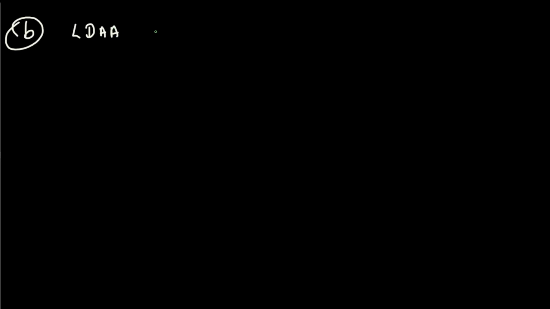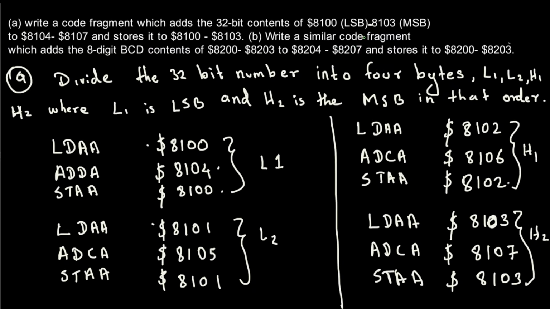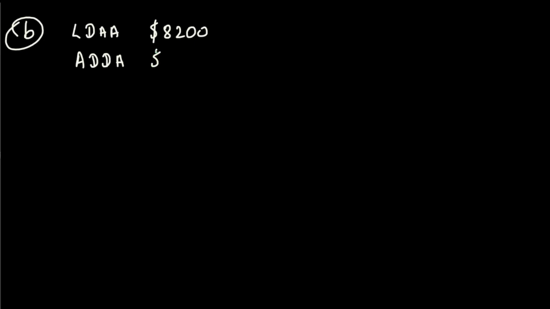LDA 8200, and then we are adding that one with 8204, and after the addition process in a BCD, we have to use DAA. This is called decimal adjust data in accumulator A to BCD.